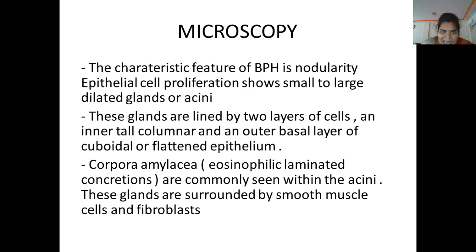The glands are layered by tall columnar cells. So you know what is meant by columnar cells. And then columnar cells and an outer basal layer of cuboidal cells. So this gland is lined by tall columnar cells and an outer layer of cuboidal or flattened epithelium.